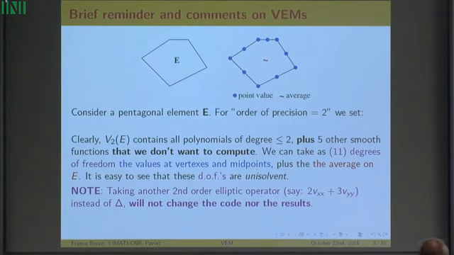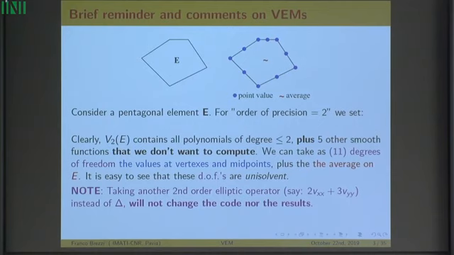So you fix 1 degree of freedom inside, and that gives you a space of dimension 11. And this space of dimension 11 contains all polynomials of degree 2 plus other functions. So this is a very particular case.